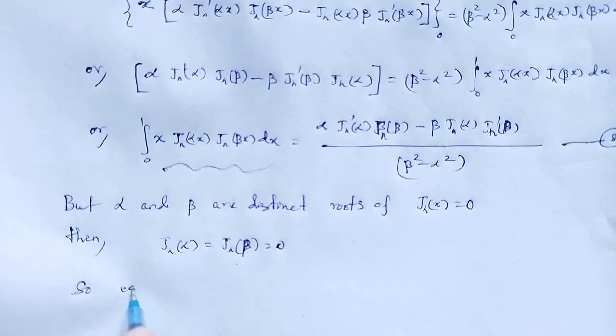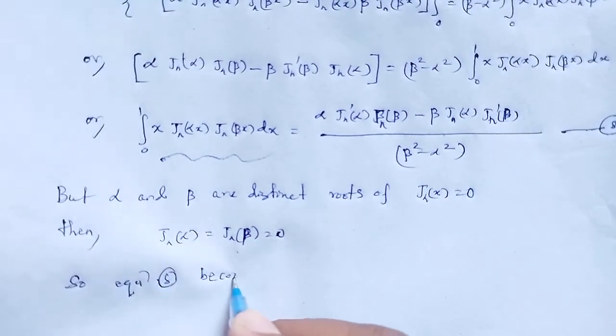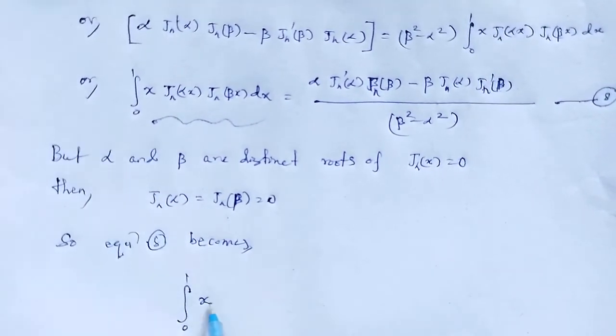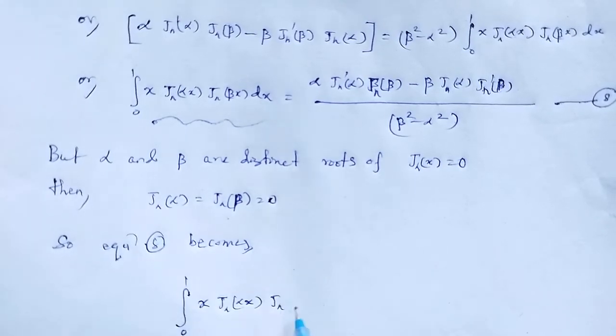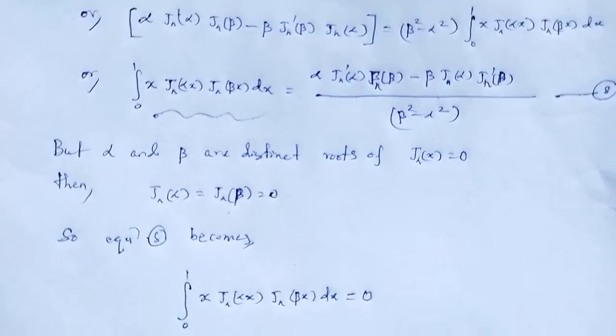So equation 8 becomes integration from 0 to 1 x Jn of alpha x Jn of beta x dx is equal to 0.